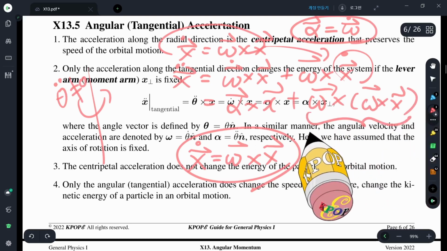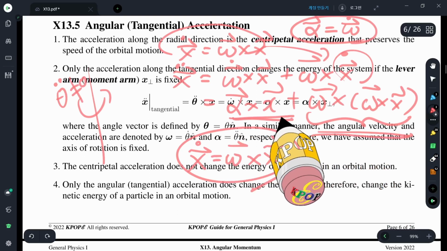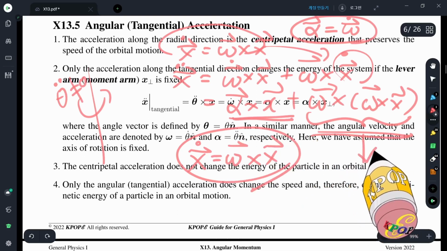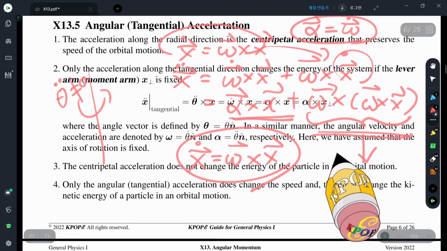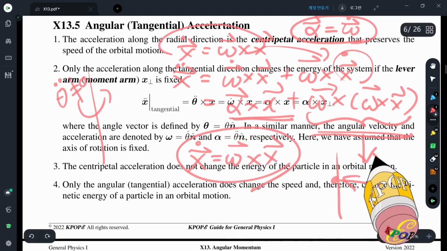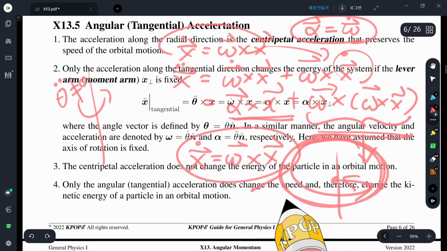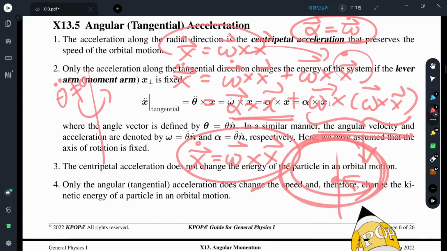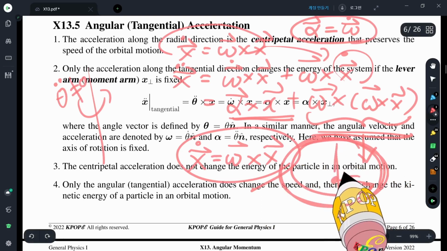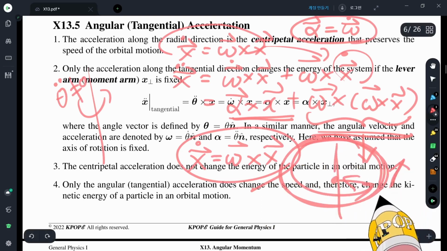This is what we already obtained, and we have an additional piece. This is the centripetal acceleration toward the center of the axis of rotation, and this is the angular acceleration, spinning more rapidly, or either deceleration or acceleration along the tangential direction.